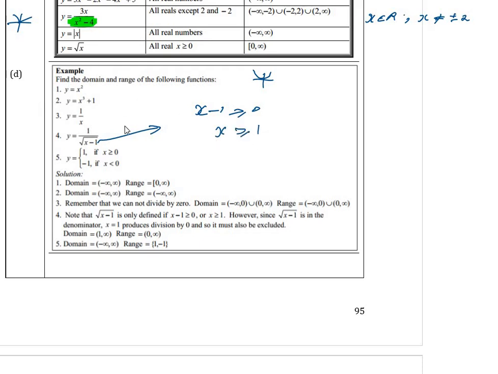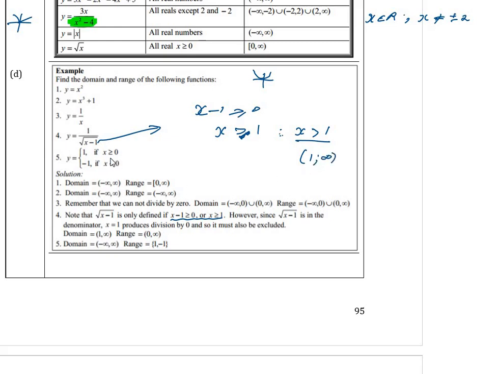But the restriction part is that I may not divide by 0. Therefore, we have to remove the equal here, and therefore we will only have x is greater than 1, like I've done here also for you to show you that. So x cannot be 1, therefore the domain will be from 1 to infinity. In other words, x is greater than 1, from 1 to infinity.